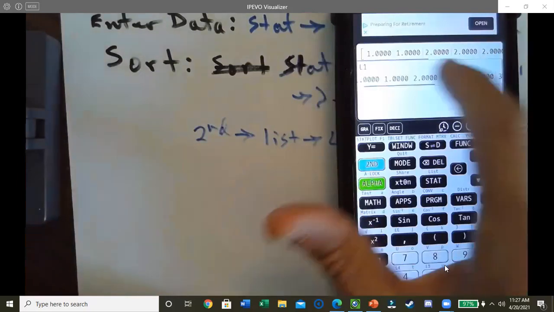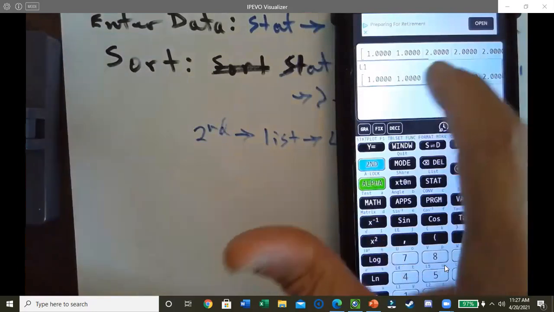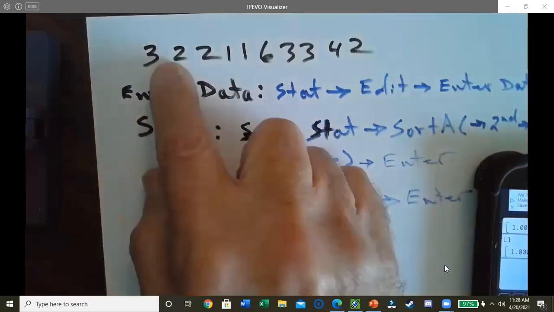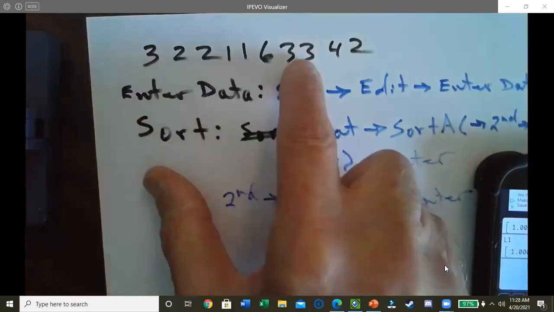So since we have 10 items, right, because we counted them, 1, 2, 3, 4, 5, 6, 7, 8, 9, 10.